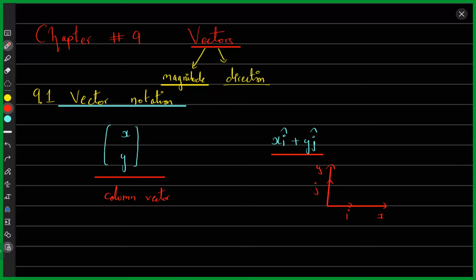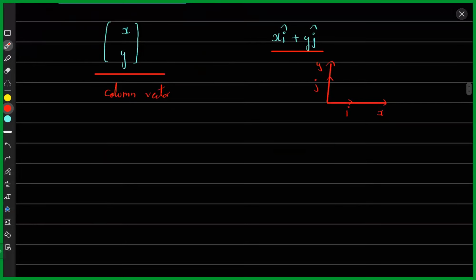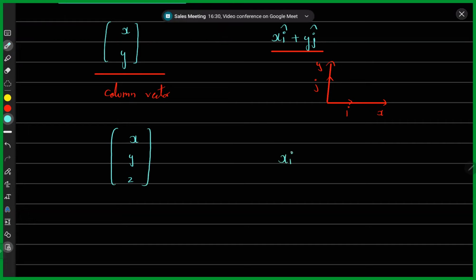Now, this was just about writing down a two-dimensional vector. If I talk about three-dimensional vectors, I can write the same thing as x, y, and z, or I can write it as xi plus yj plus zk.